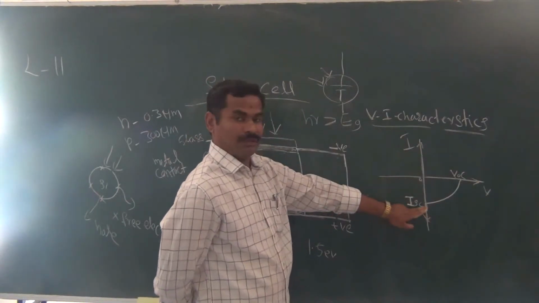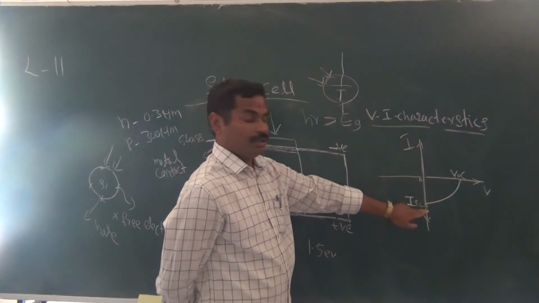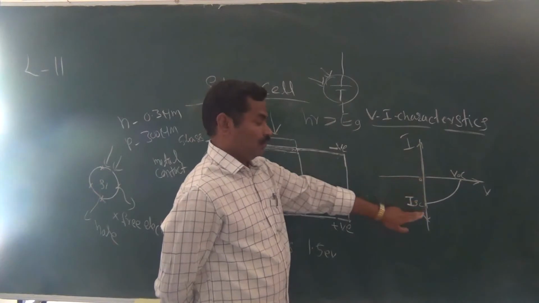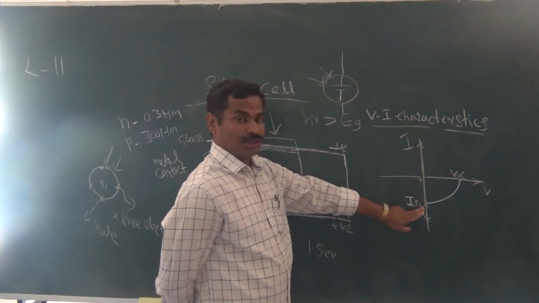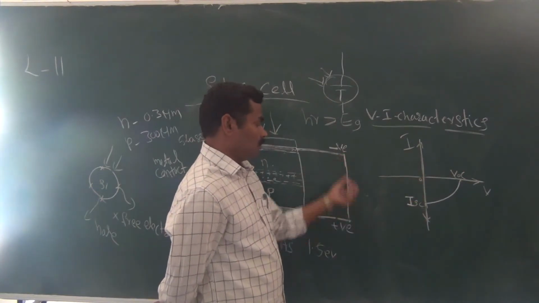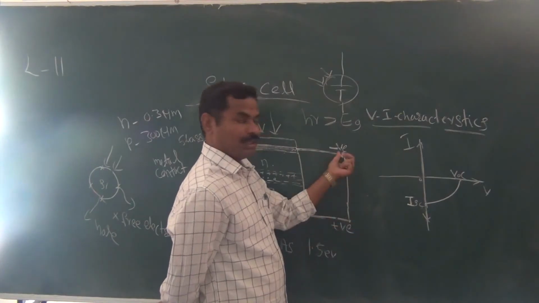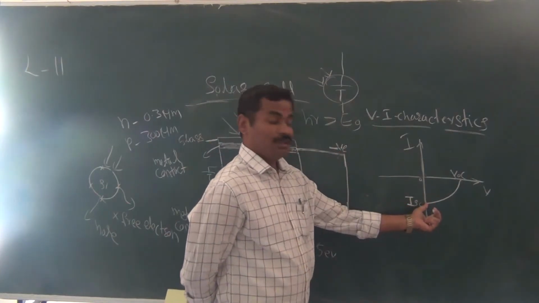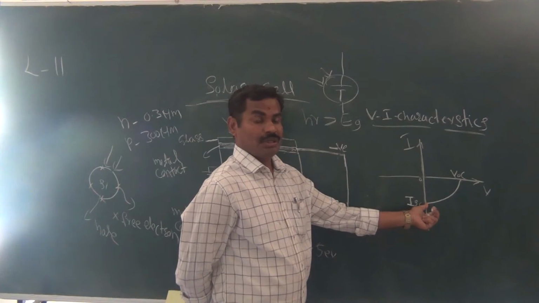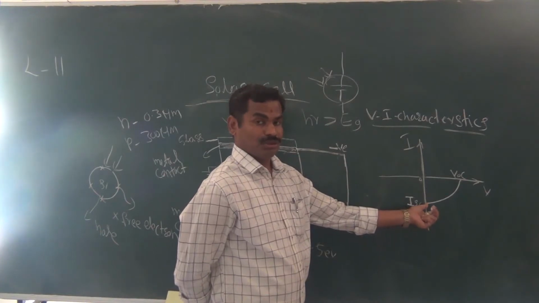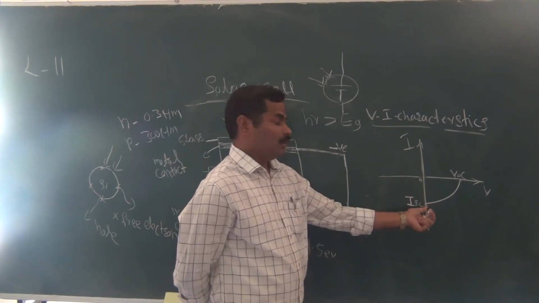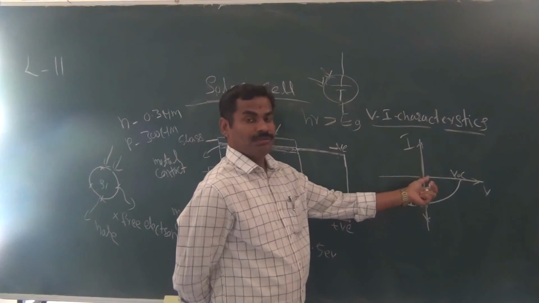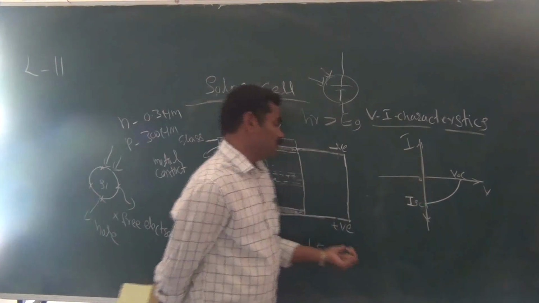In the short circuit you are having the maximum current, but voltage will be zero. ISC is nothing but the short circuit current. Short circuit is nothing but you are connecting directly positive to negative. Here the R will be zero, because you have the maximum current, and the voltage will be zero. This is about the short circuit.